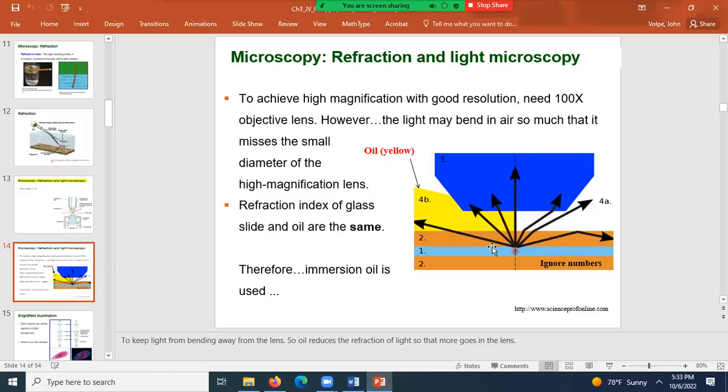So oil improves resolution by allowing you to collect more light, by decreasing the refraction of light. In this case, it's actually getting rid of the refraction of light. Therefore, immersion oil is used when you're using the oil immersion lens to improve the resolution. Any question about any of that?